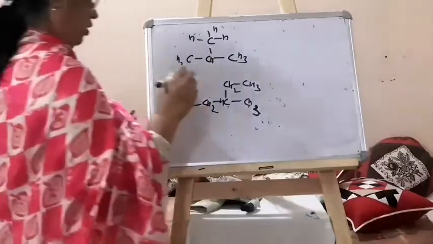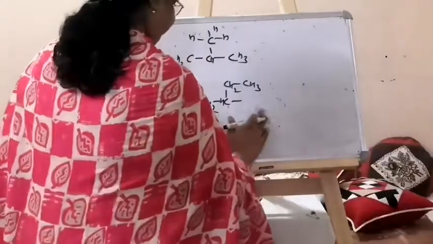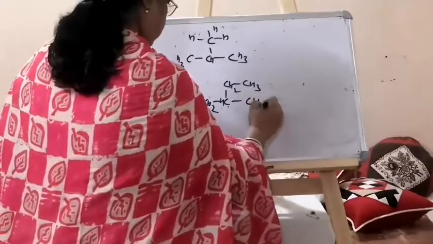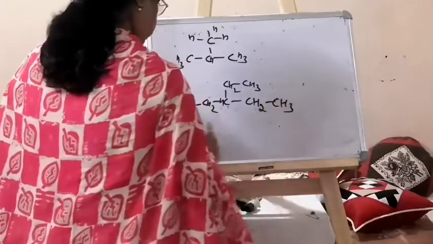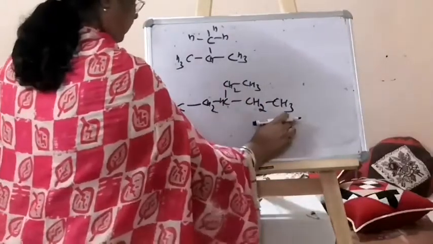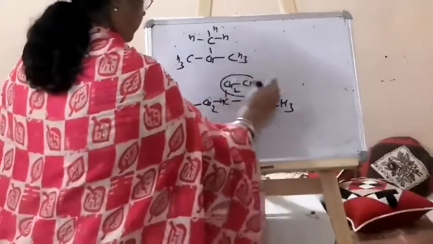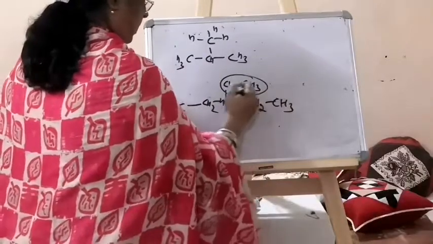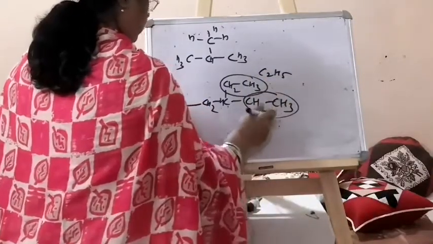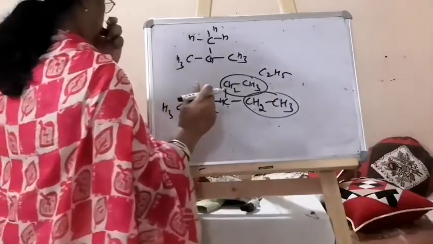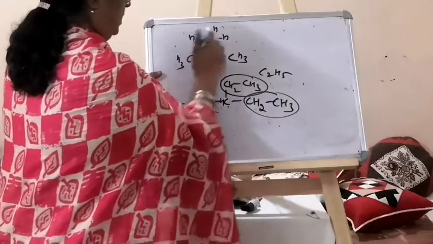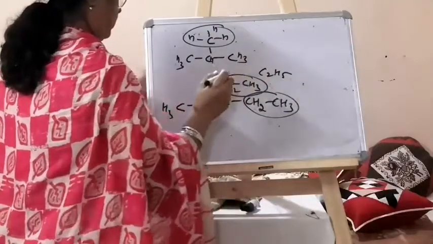So if you go 1, 2, 3, 4, 5, and if you take this 1, 2, 3, 4, 5, whether you go this way or you come this way, this group is there. If you go this way, it is there. So this group is C2H5 and this group also you can say C2H5. So here we have got either CH3 or C2H5.